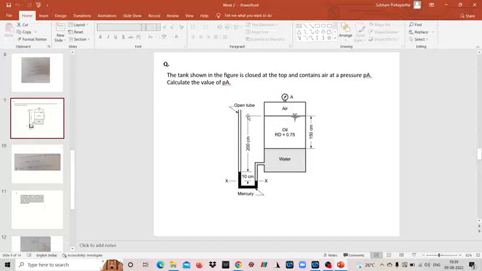You can see that 200 centimeter from here to here, that is the bottom of this particular tank, but 150 centimeter is oil, so this much is 50 centimeter plus 10 centimeter. So the total depth of water above this x-axis line is 60 centimeter.